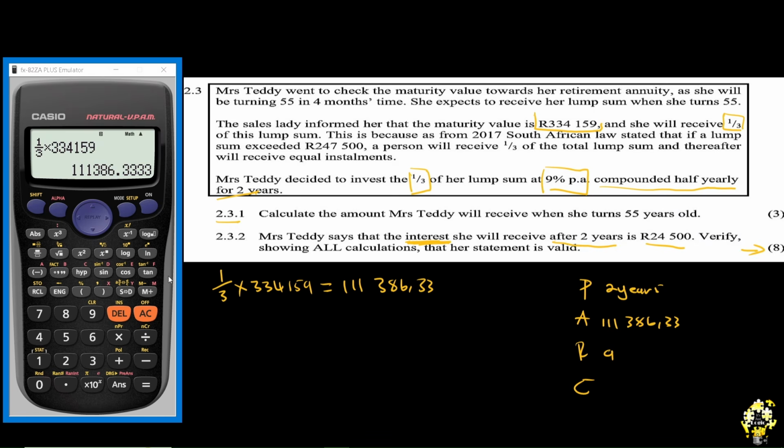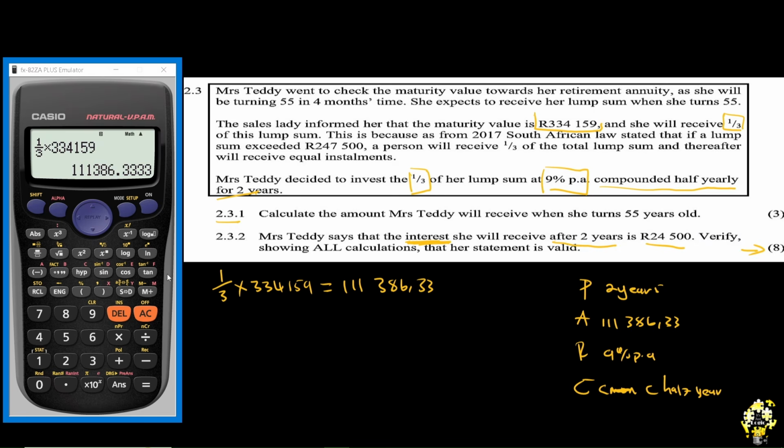At what rate? Well, 9% per annum. How is it compounded? Well, it is compounded monthly. So not compounded monthly. What am I saying? It's compounded half yearly.